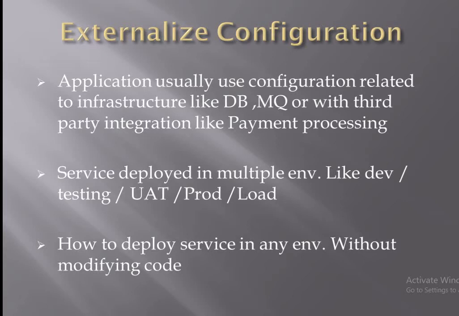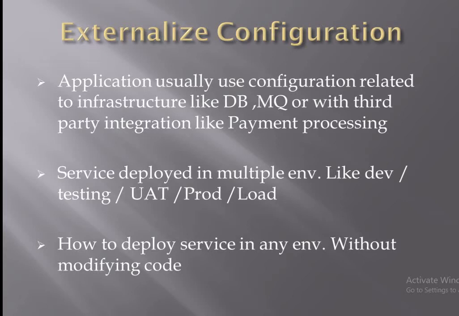Now suppose this service is going to be deployed in multiple environments like the dev environment, testing environment, UAT environment, prod environment, load testing environment, and any other post-production environment.